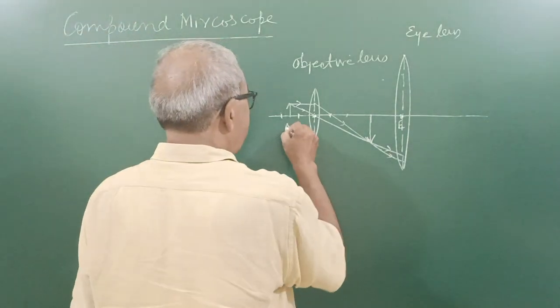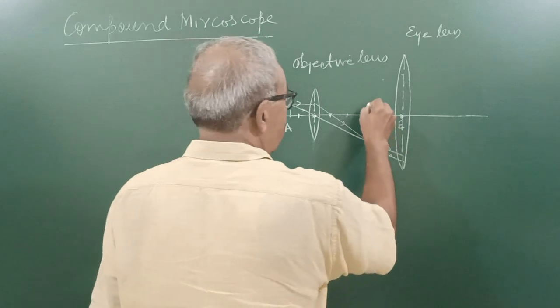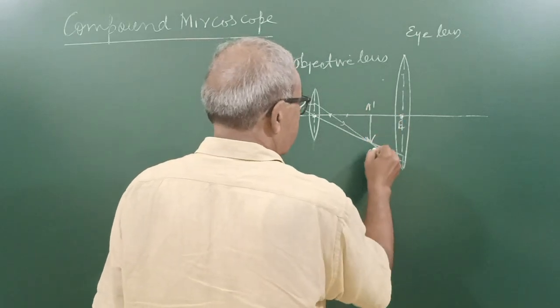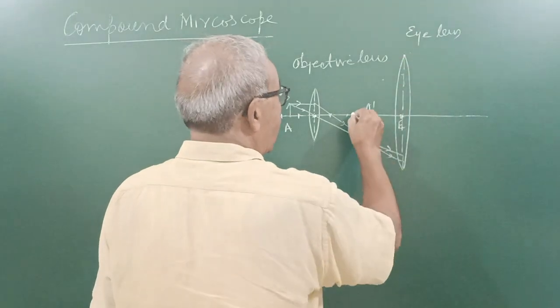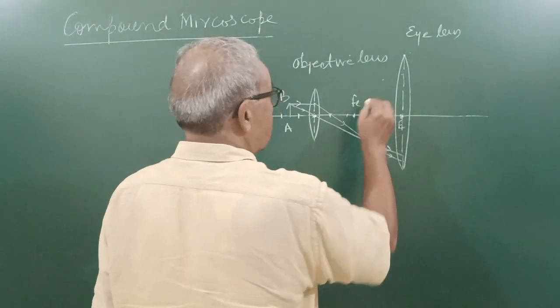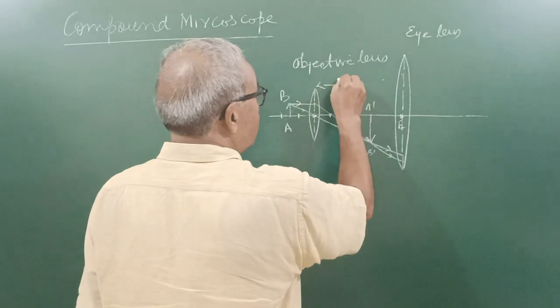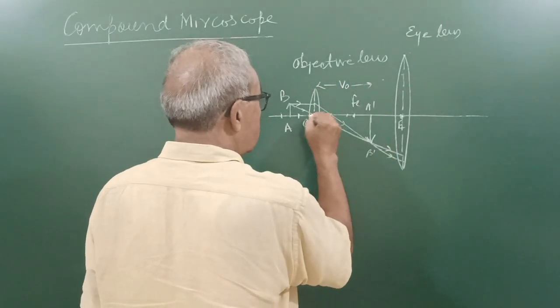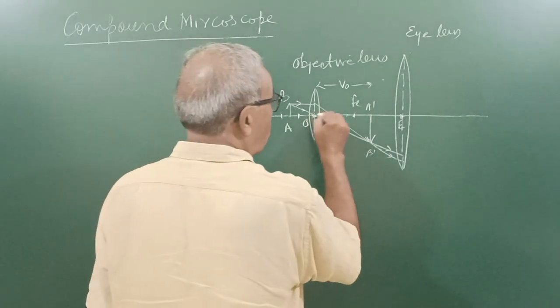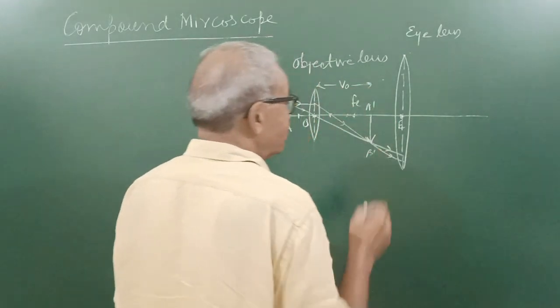This is object AB. This is image A dash B dash. Image A dash B dash should lie within the focus of the eye lens, FE, here. And mark the distance BO, and the distance OA dash. This is optical center O. OA dash is equal to BO.